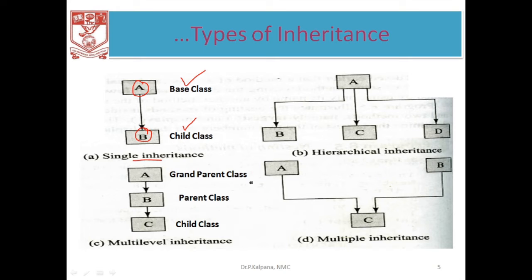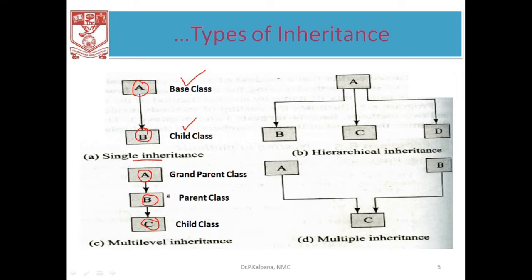And coming to the second category, multi-level inheritance, look at this diagram. In this diagram, I have class A, class B and class C. The arrow indicates that B is derived from A. So as far as A and B are concerned, B is the derived class and A is the parent class.